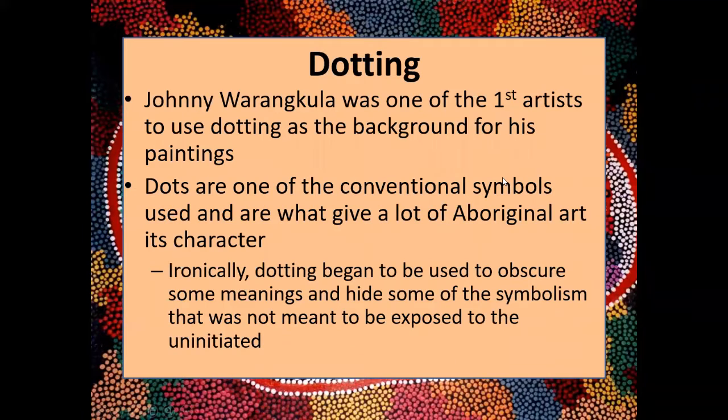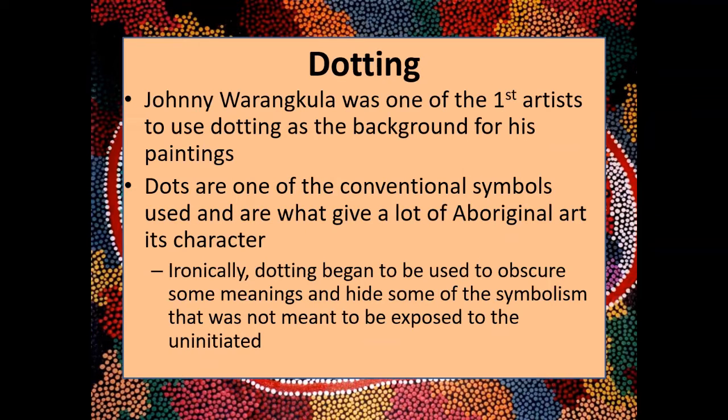All right, so the dotting, of course, is what we're mostly doing today, but you also have the option to add some symbols. The interesting thing about the dotting is it's not just the background. It's actually used to obscure some of the meanings and hide some of the symbolism.